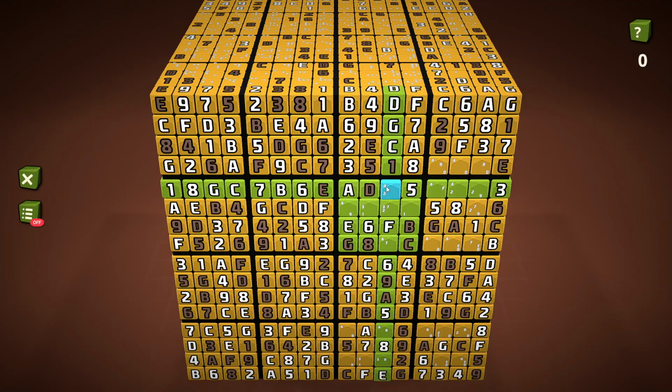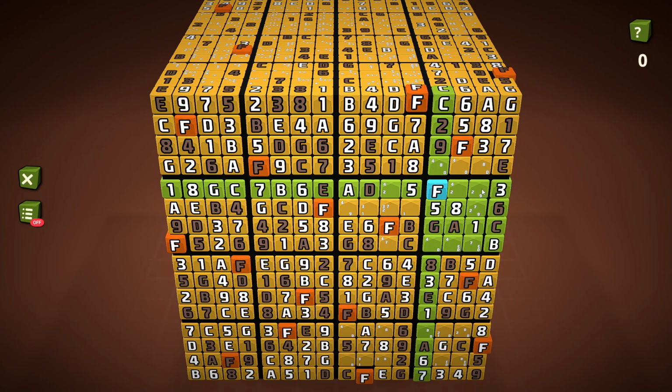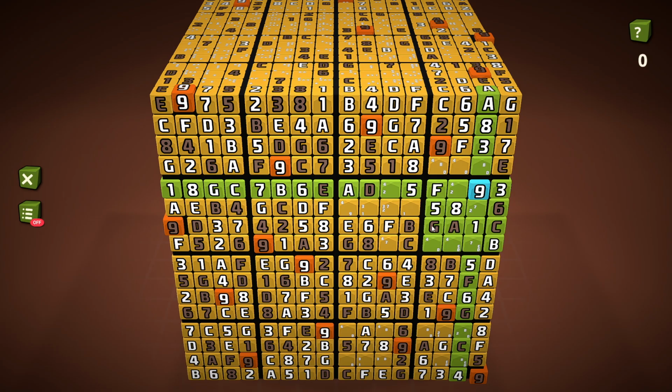Okay, just want to confirm. This can't be an F because that's in there. And can't be a 9 because it's below. This can't be an F because it's above. It can't be a 9 because that's below. Okay. Can't be a 9, so that is F. Okay. That's a 9. Right.